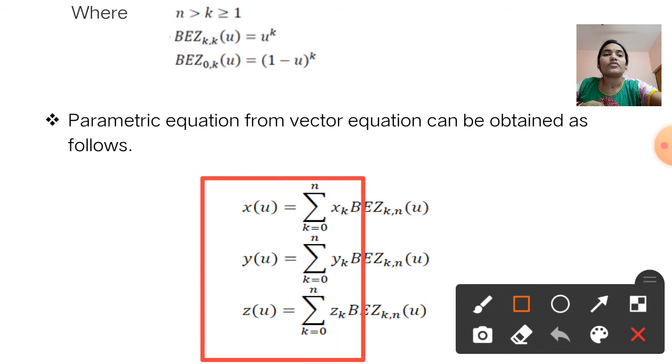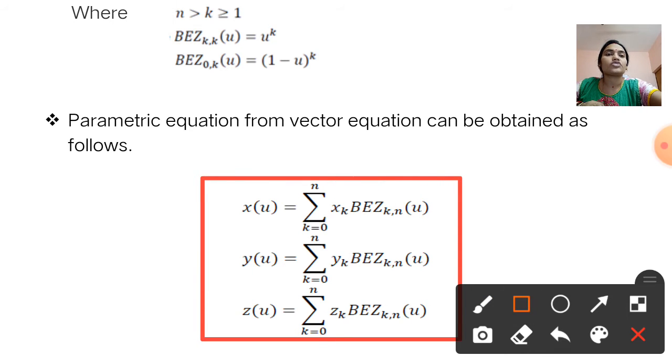All of you remember this parametric equation, which we derive from the vector equation I told you previously.